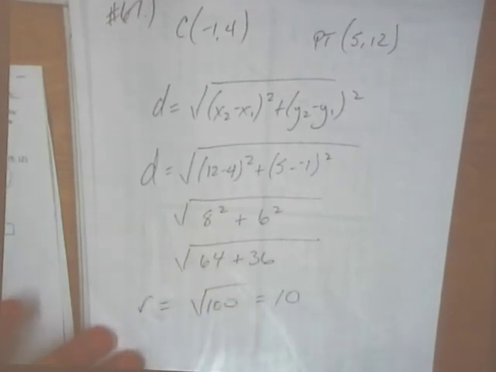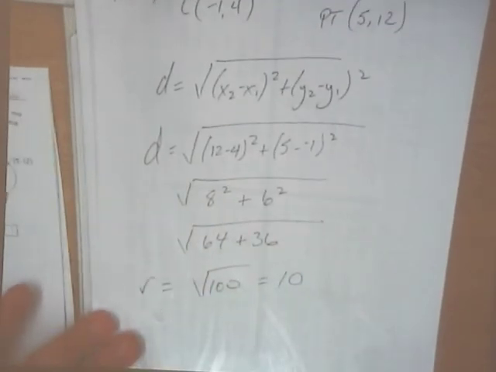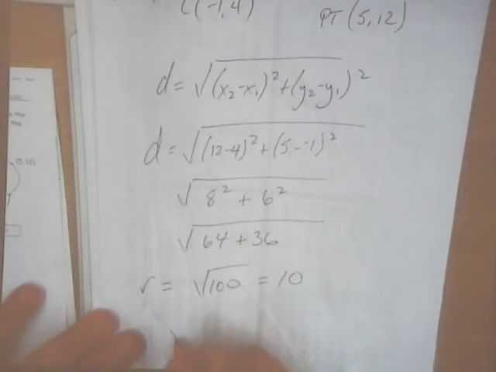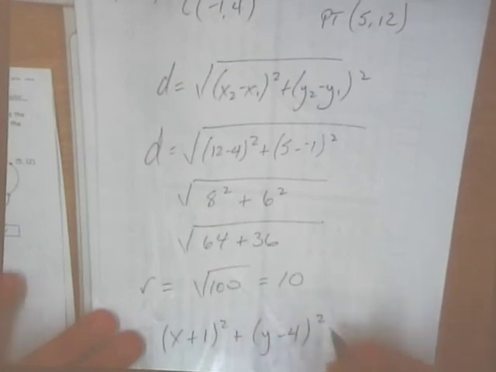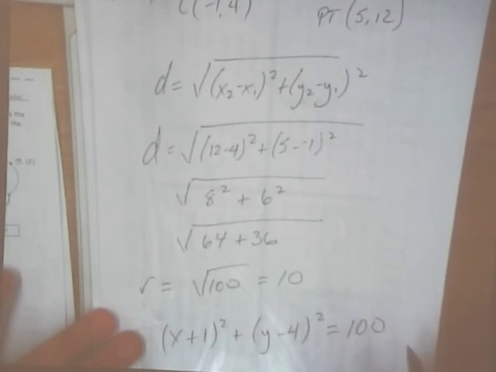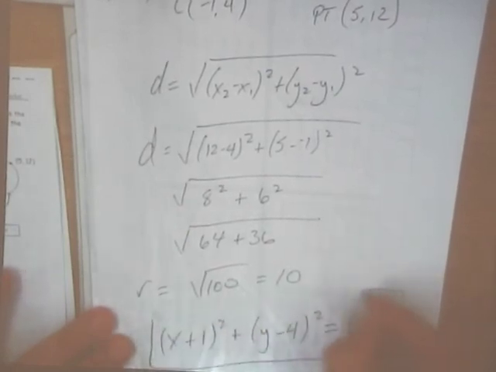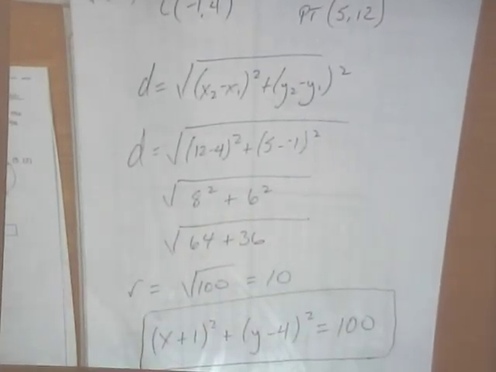So my radius is equal to 10. The center is -1, 4. So it'll be x plus 1 squared plus y minus 4 squared is equal to 100. Any questions on that?